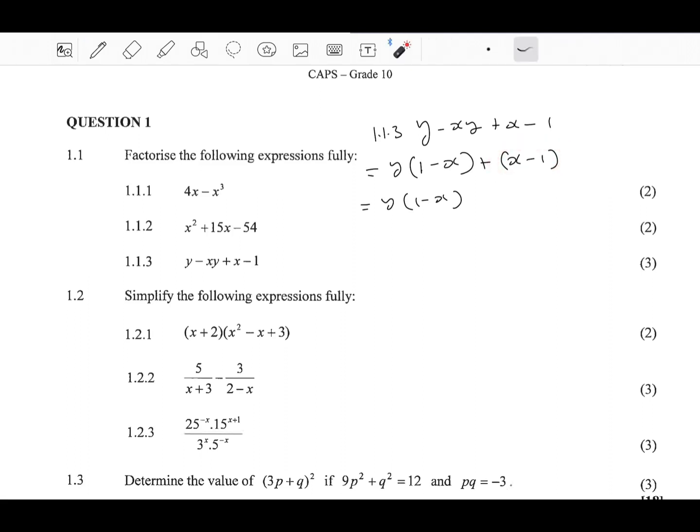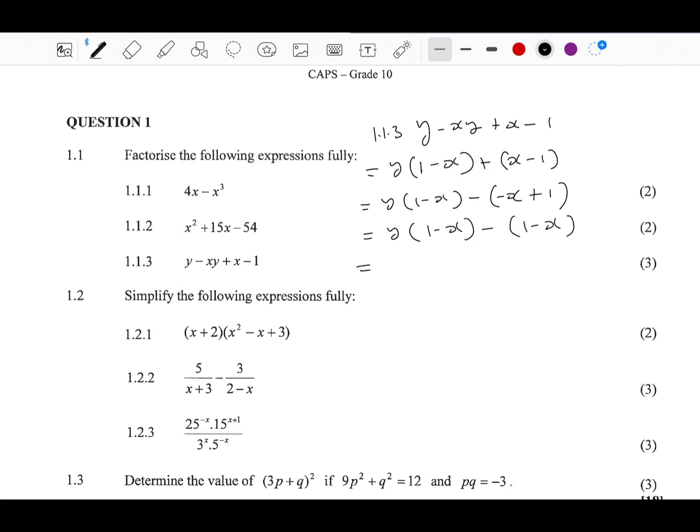If you change the sign, your x, which is positive, becomes negative x, and your negative 1 becomes positive 1. So if you're changing sign, that's what's going to happen. So this can be written as 1 minus x. This is negative (1 minus x).